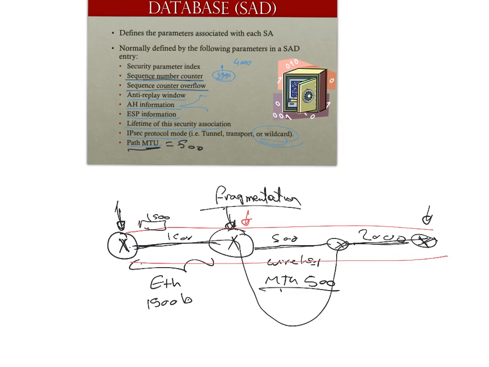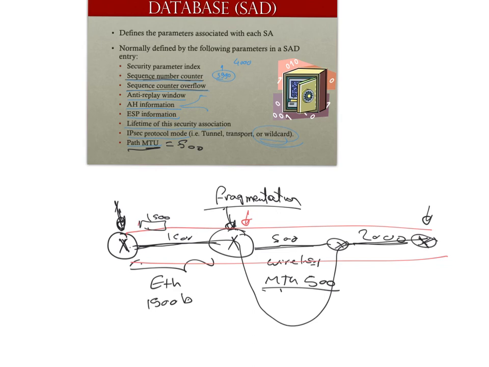So the first step, I have to look at every possible path and select the minimum. Yes, select the minimum maximum transmission unit along that path, and store this in the security association. And this will be a way for the entry router to perform one single fragmentation based on this minimum.